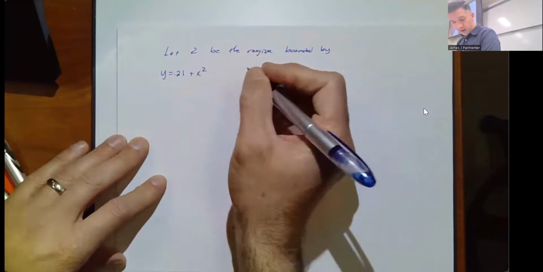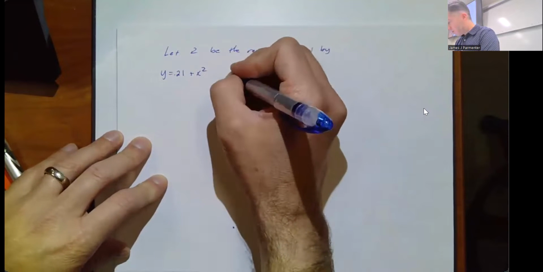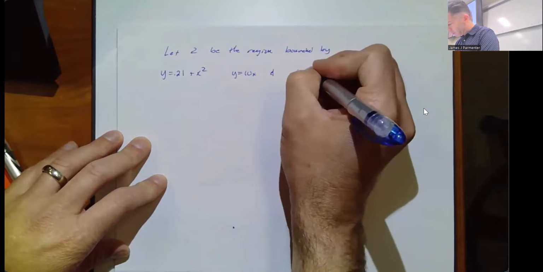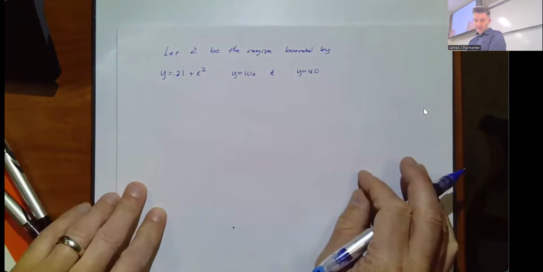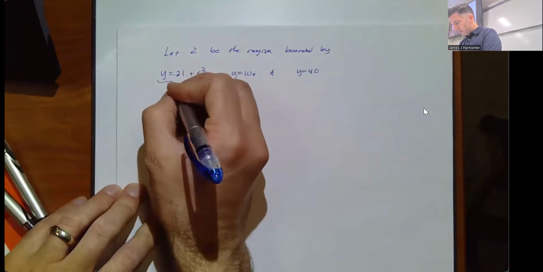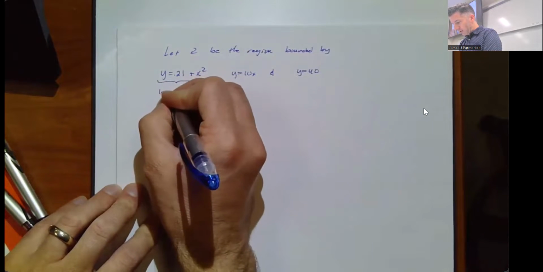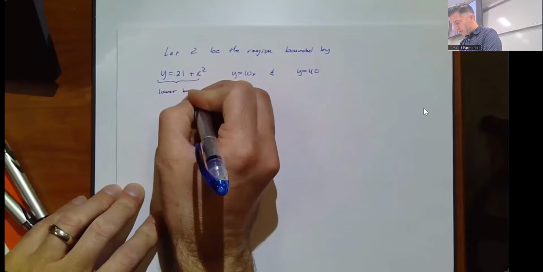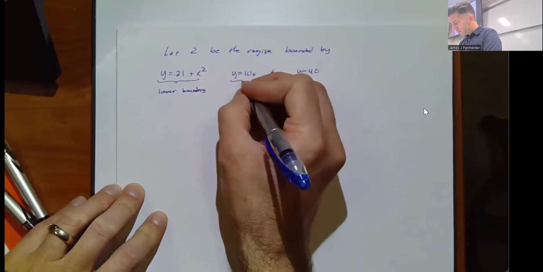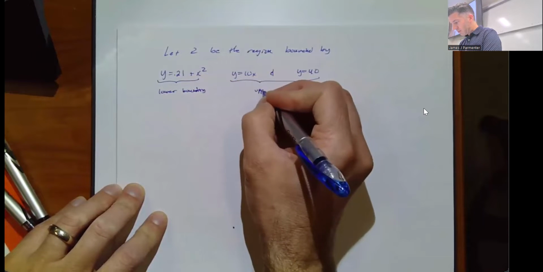Fine, 21 plus x squared. Y equals 10x and y equals 40. Specifically, it says let it be bounded below by this. So this is the lower boundary. And above by these guys. These are the upper boundaries.